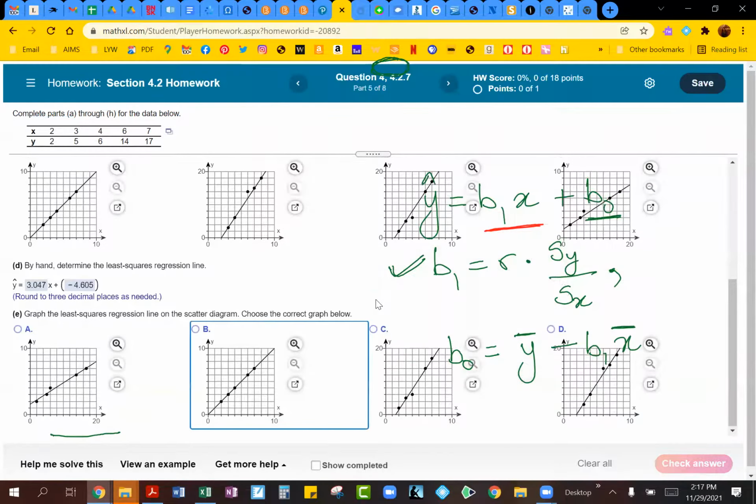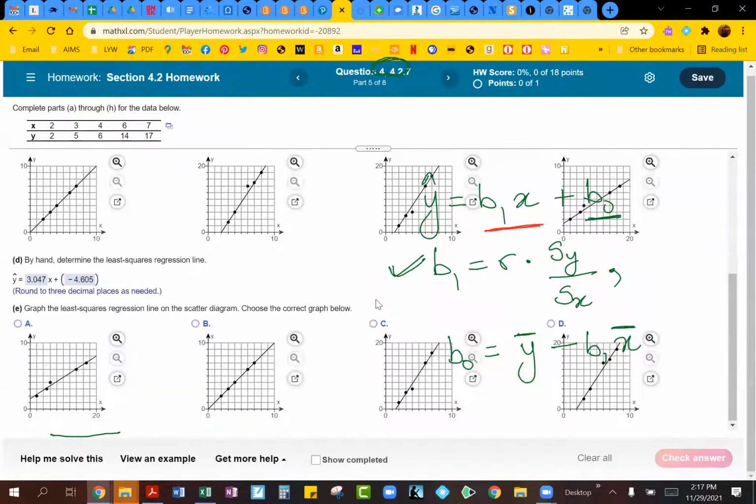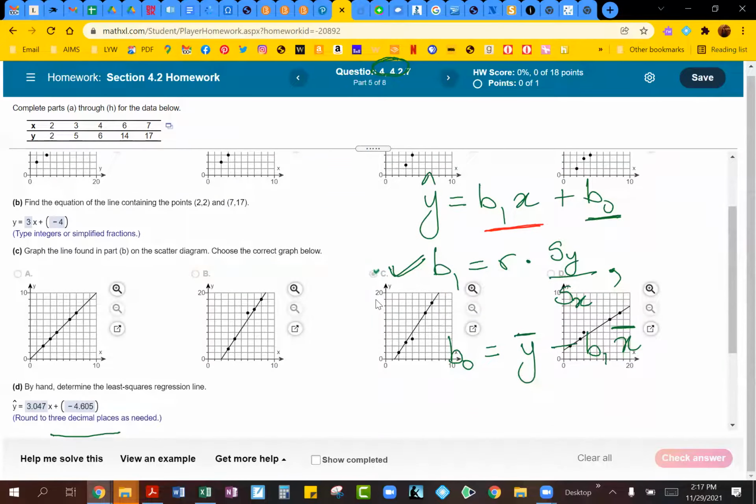And again, if you do the little comparison between the equation we got before and the equation we have now, you had 3 as your slope. We have a little bit better approximation because you've got 3.047. You had -4 as the y-intercept, and now with the regression line, we've got -4.605.